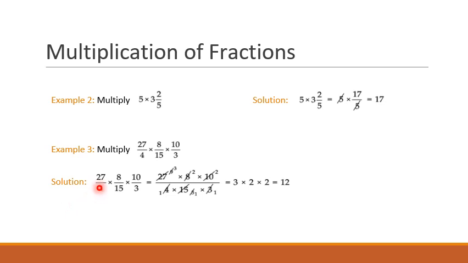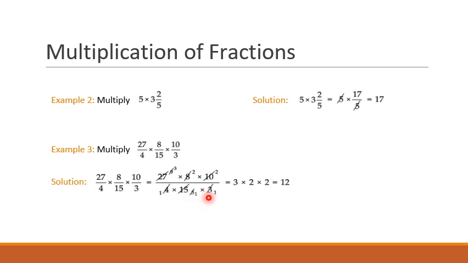To multiply all three fractions, we multiply the numerators together. So 27 multiplied by 8 multiplied by 10. This gives me the numerator. And for the denominator, we multiply all the denominators. So 4 multiplied by 15 multiplied by 3.